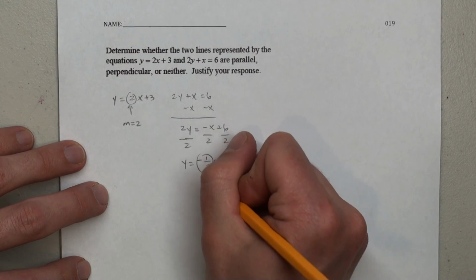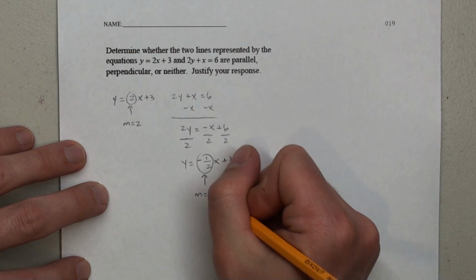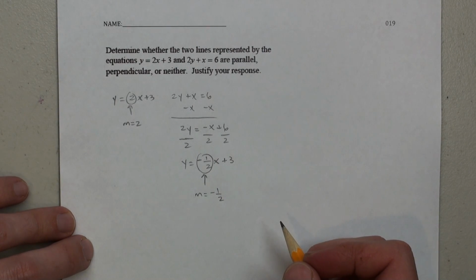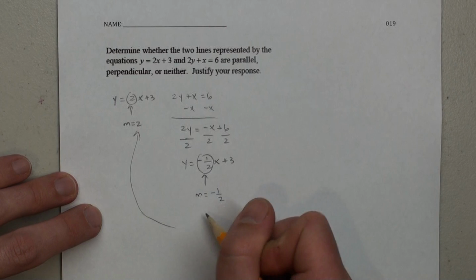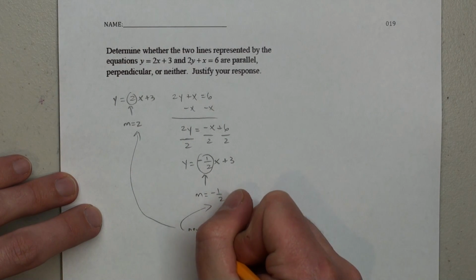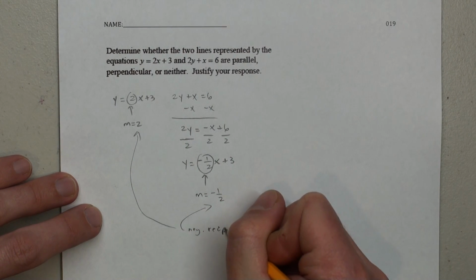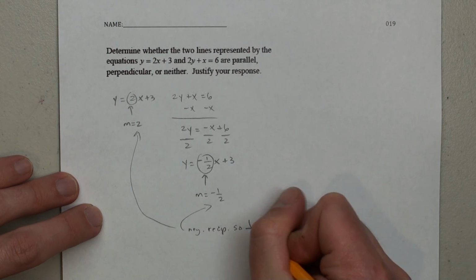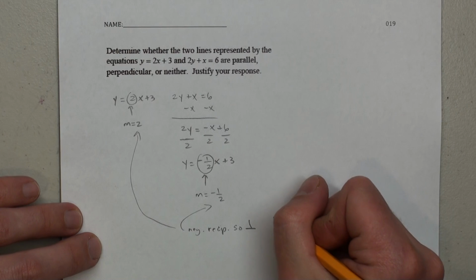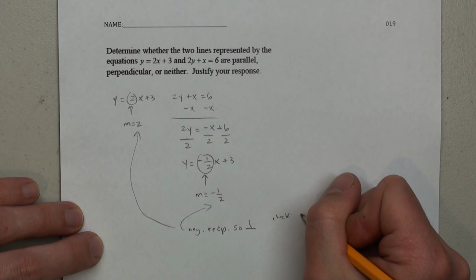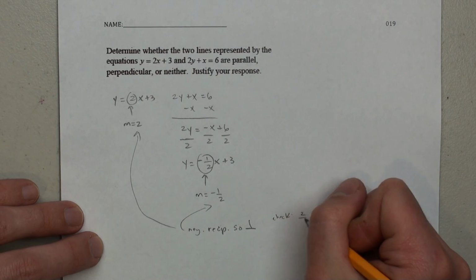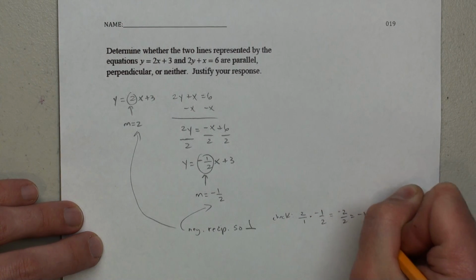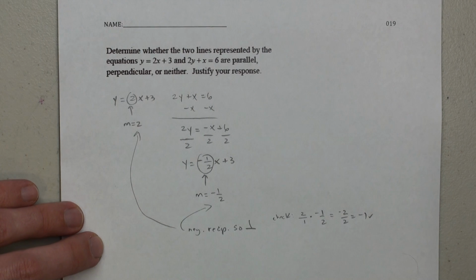So my slope is negative 1/2. Okay? These are negative reciprocals, so they're perpendicular. And we can check because 2 over 1 times negative 1/2 is negative 2 over 2 is negative 1.